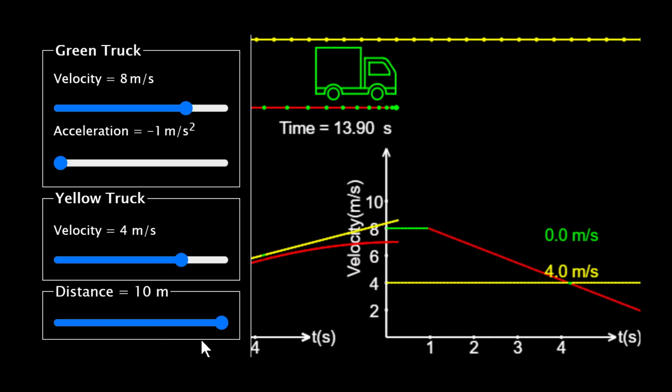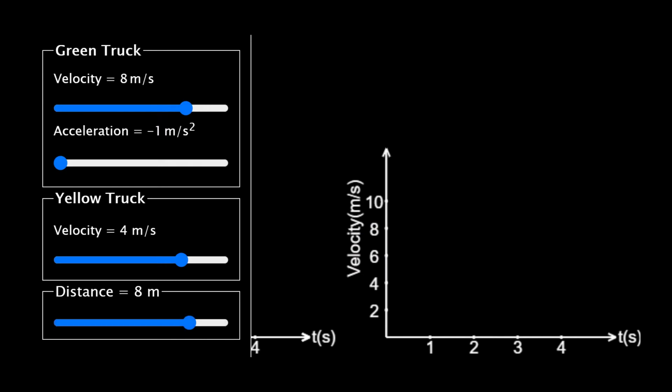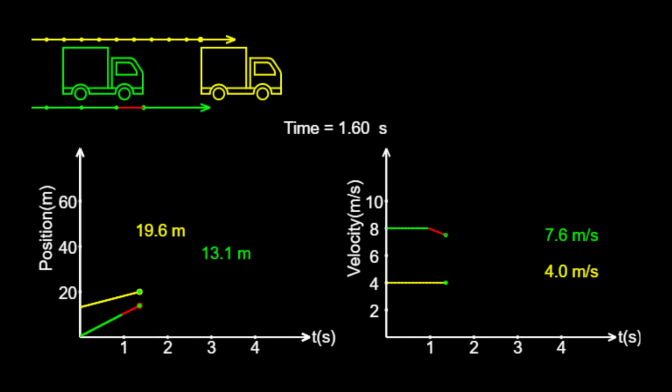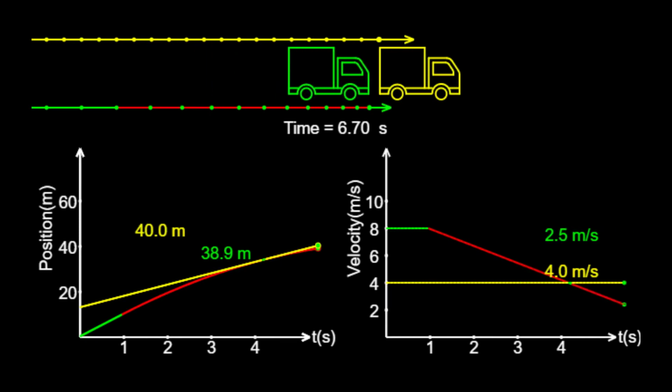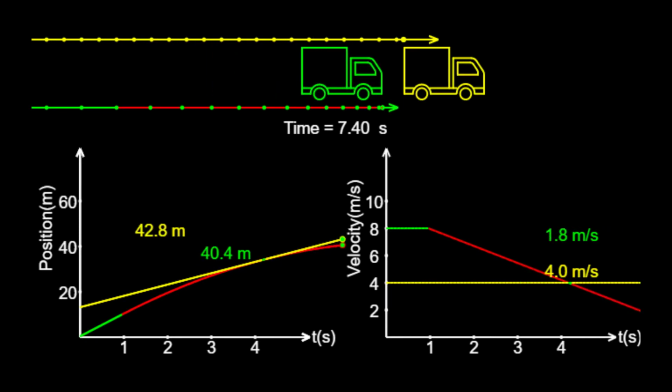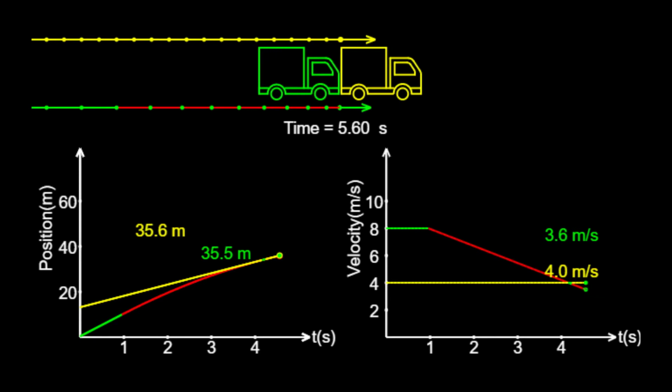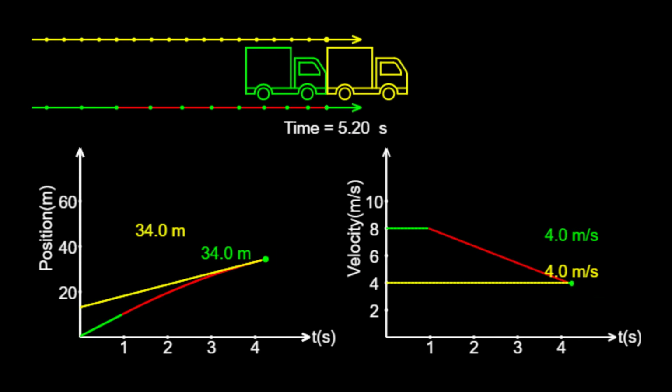Watch again the case where the collision was just avoided. In this case, collision was just avoided, and you see that when the velocities are equal, they've just made contact. You can see the green vector here and the yellow vector of equal length.